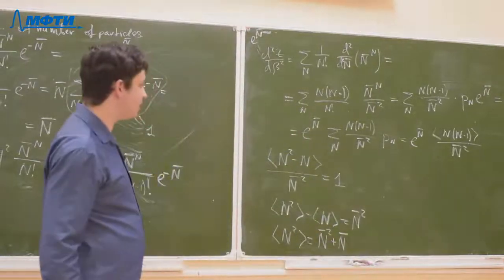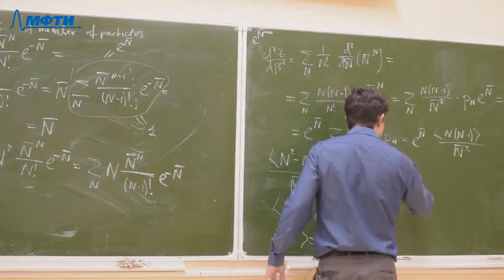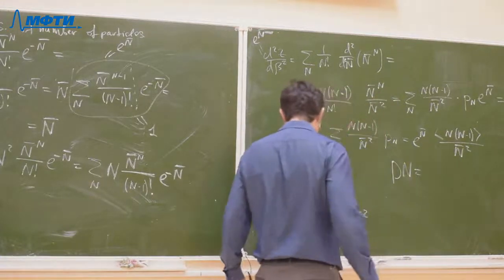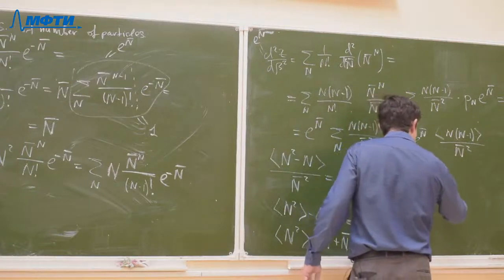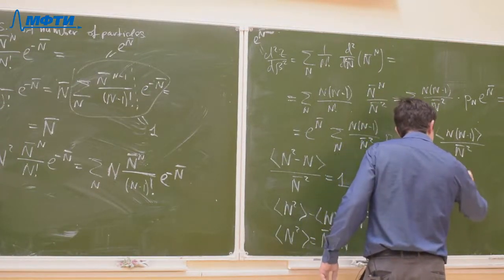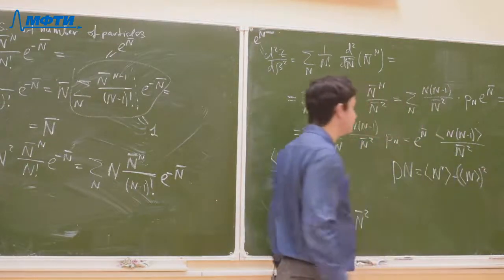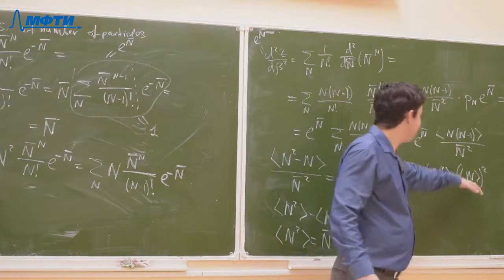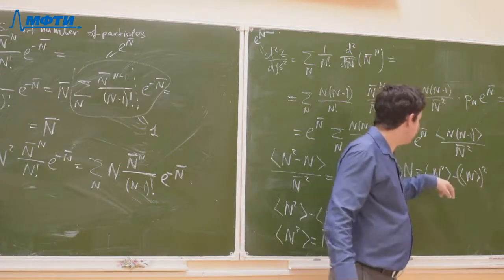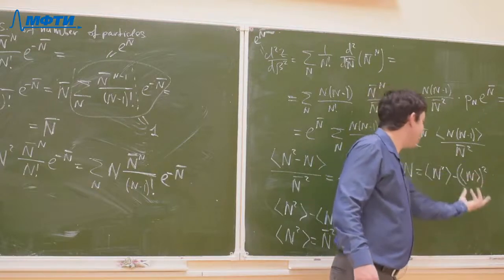And from this I can calculate the variance. The variance for the particle numbers is found as the difference between the average of the squared numbers of particles minus the squared average.